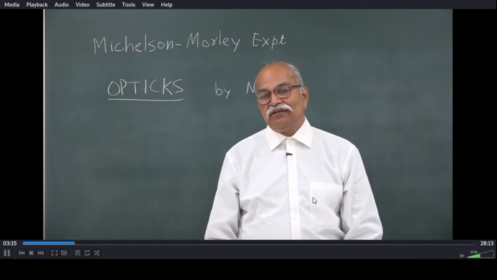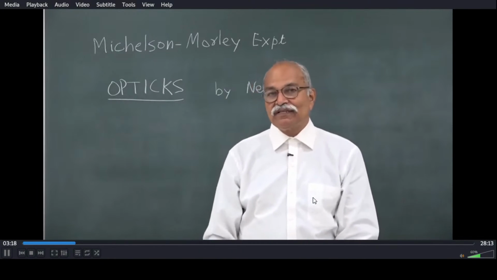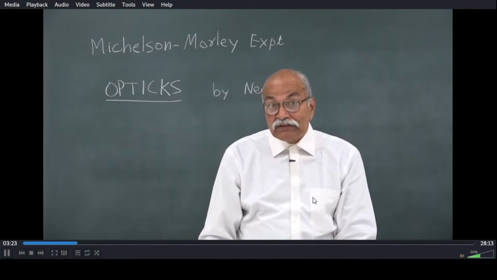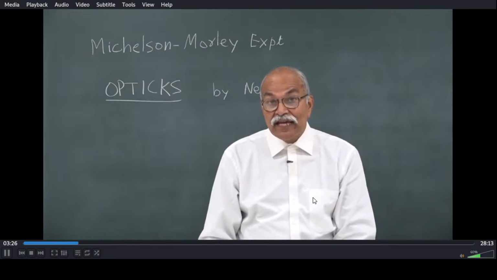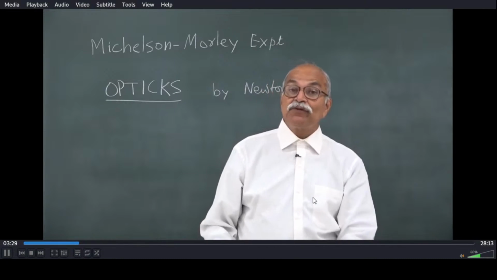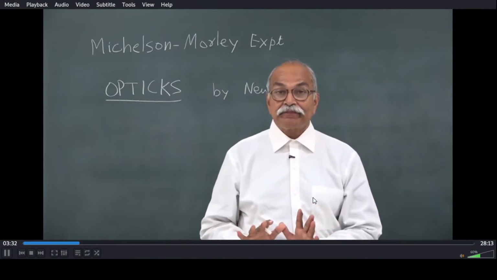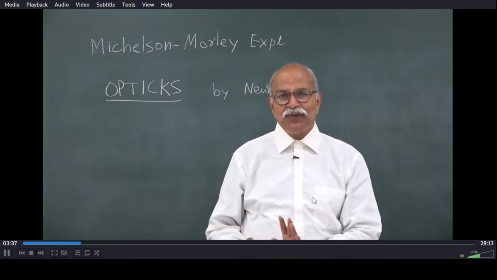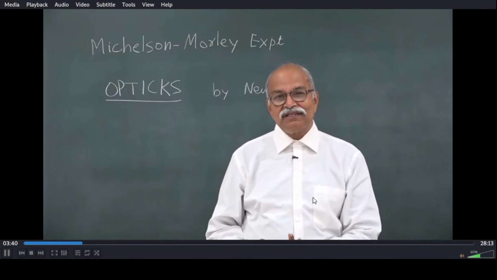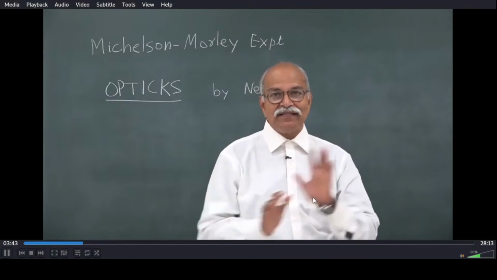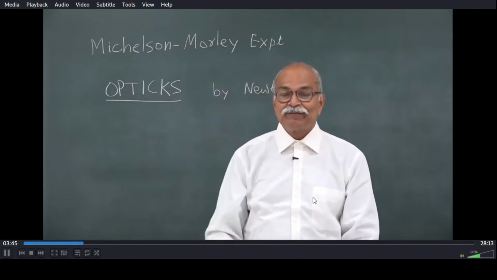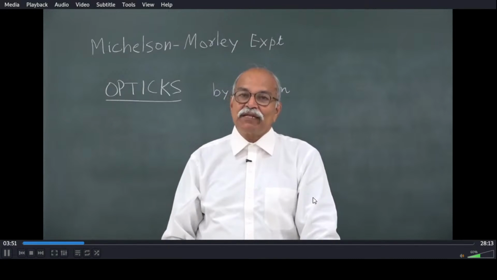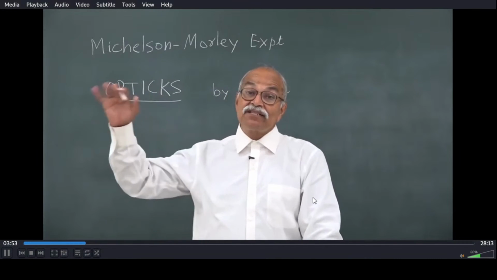Then you also know that contemporary was Christian Huygens, who looked on these experiments in a very different way, and he proposed that light should be a wave. And these things went on. There was no exclusive experiment which can decide that it is wave or it is particle till say the beginning of 19th century, when Thomas Young came up with a double slit experiment and showed the interference of light.